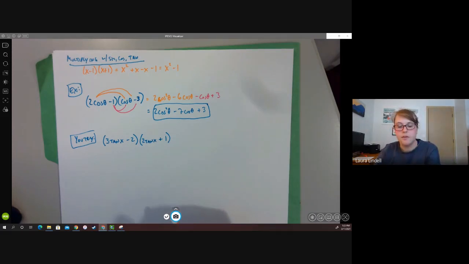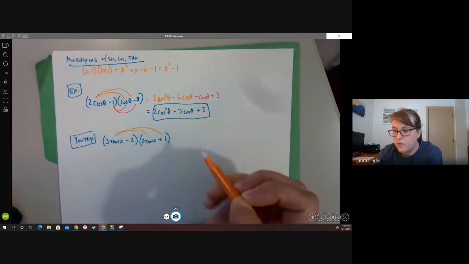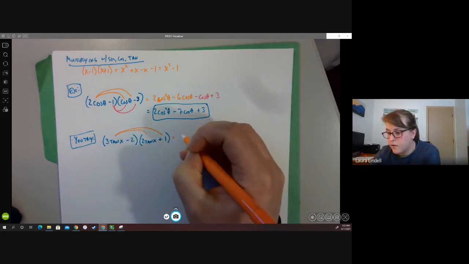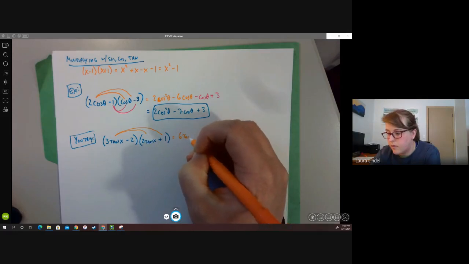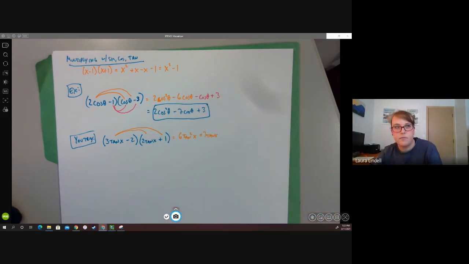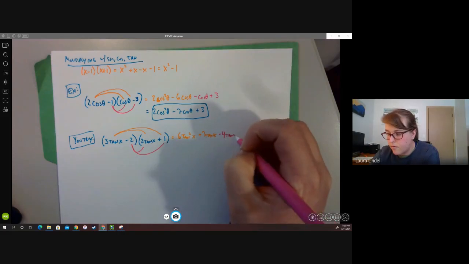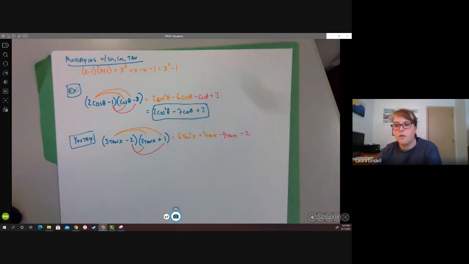Carson's got it already. He's quick. You did this problem over 200 times in the summer because your mom made you do IXL.